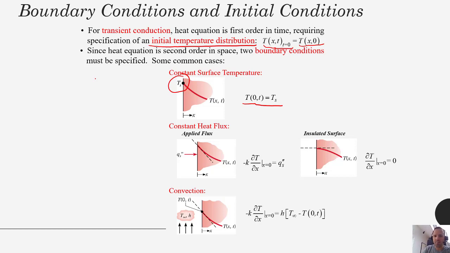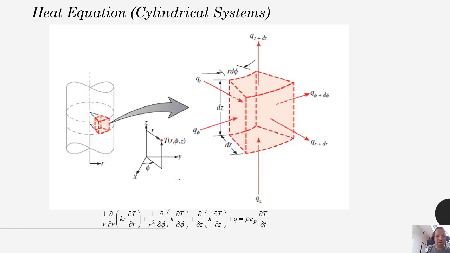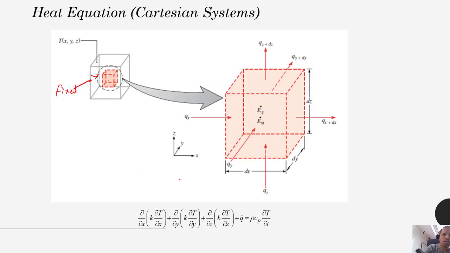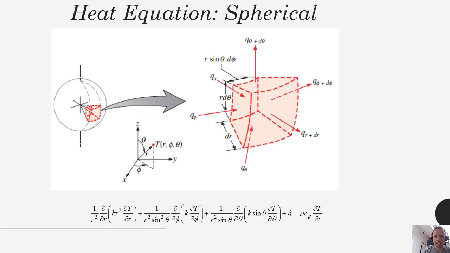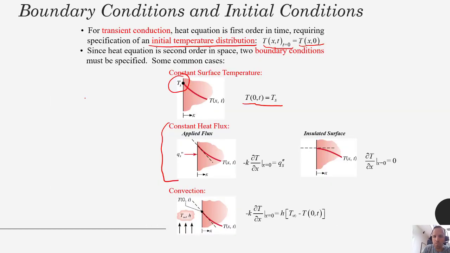We could also have a constant applied heat flux. So even if we don't know what's happening on this side, we could assume that there is just a constant heat flux the entire time. And that would allow us to define what the derivative is.